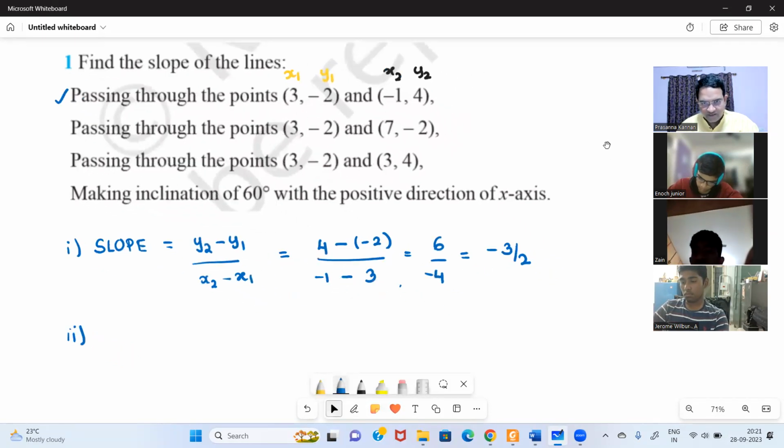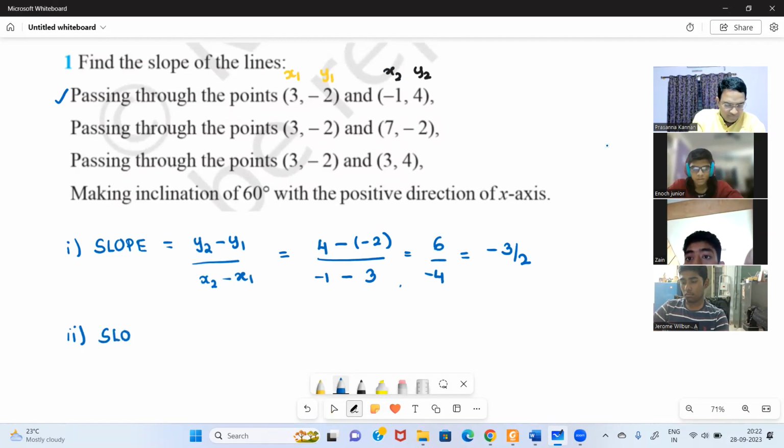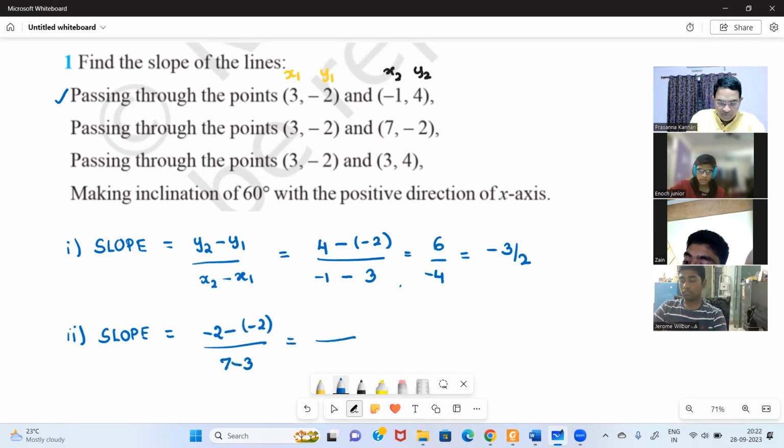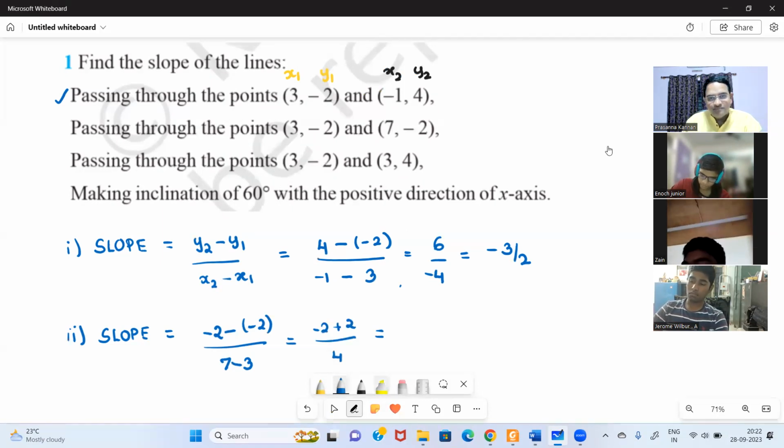Now let's do the second one. Second one also, Enoch, tell me, what is the slope going to be? It will be minus 2 minus minus 2 by 7 minus 3. Denominator you get 4, but the numerator, minus 2 plus 2, what is it? 0 by 4.